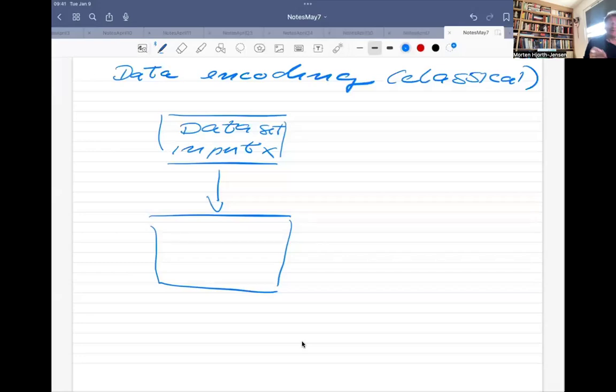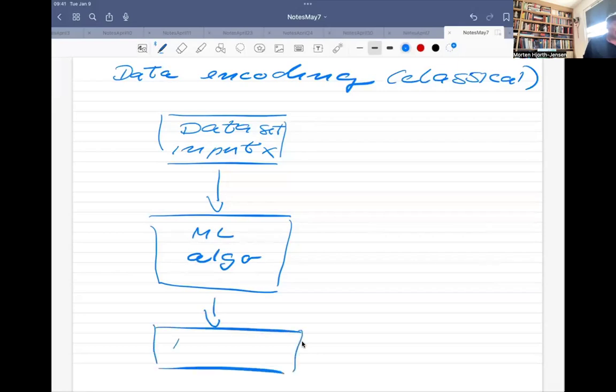So there are many ways to prepare the data so they are as good a fit as possible for a specific machine learning algorithm. In here, we would then have a machine learning algorithm where we perform the training, we find the optimal parameters, and when we are done, we make our predictions.